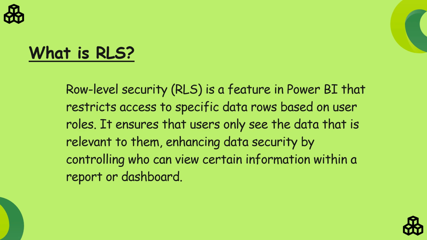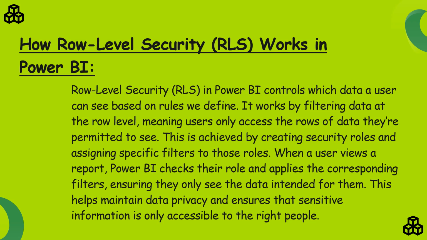So let's move forward with where and how we can use row level security in Power BI. Row-level security in Power BI controls which data a user can see based on rules we define.